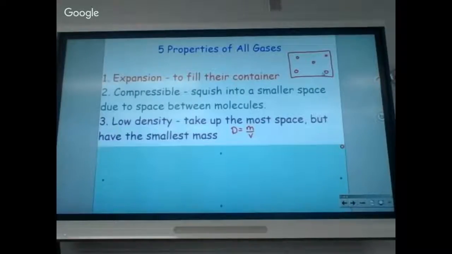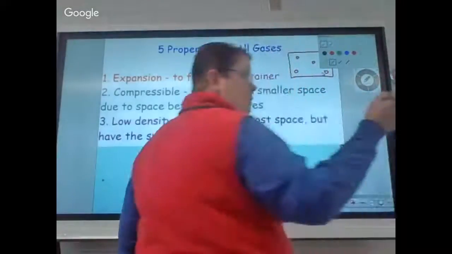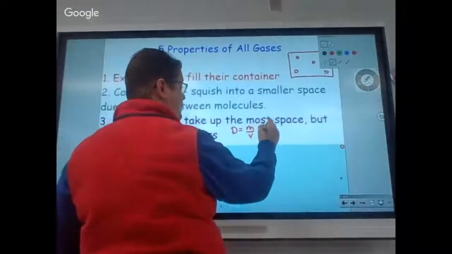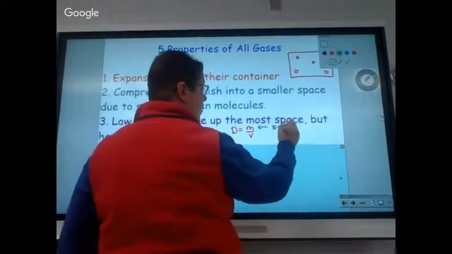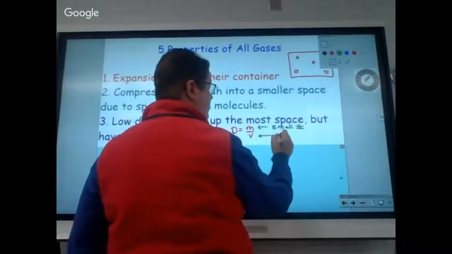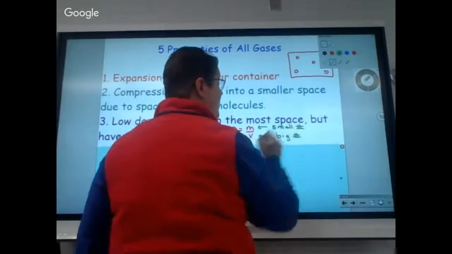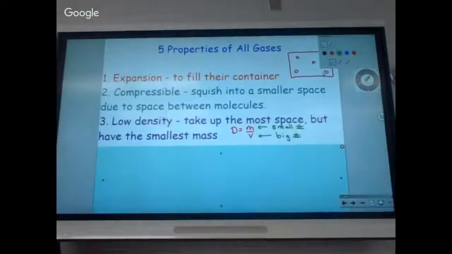Okay. I wrote the formula for density on the board. Okay? So think math class. All right? The mass is a small number, and the volume is a big number. So what happens in math class if you divide a small number by a big number? That's right.